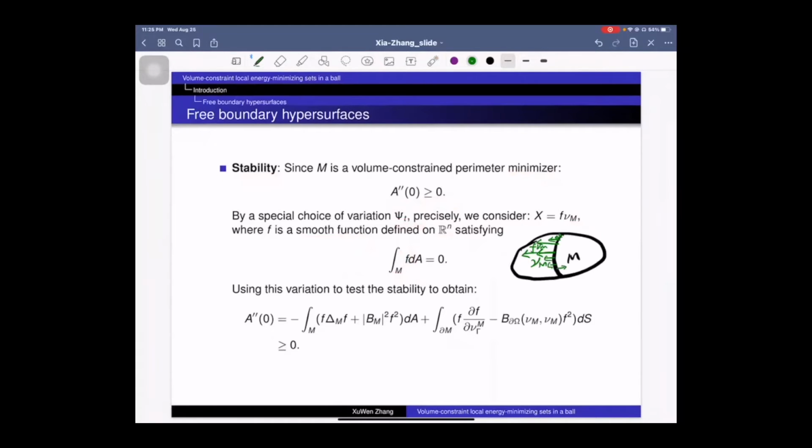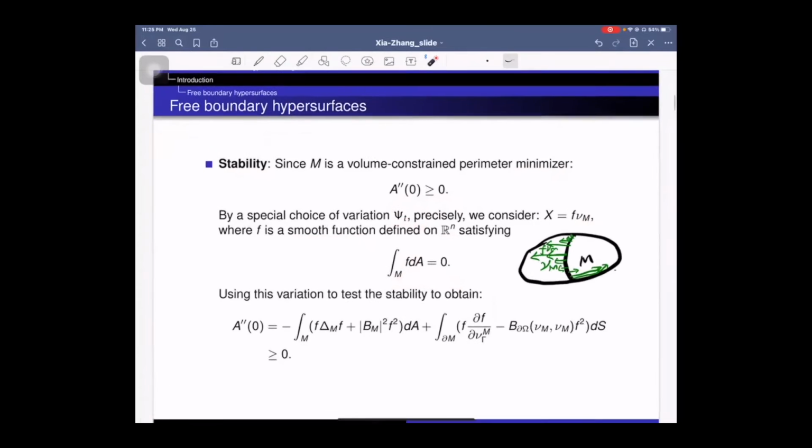This looks like this, where the integration of f over M vanishes.